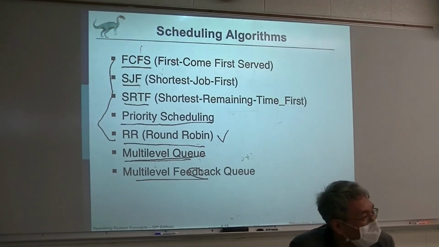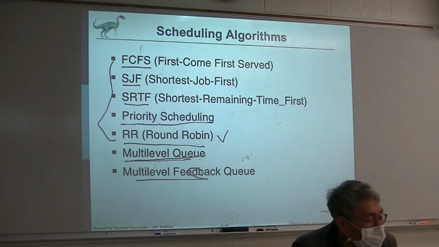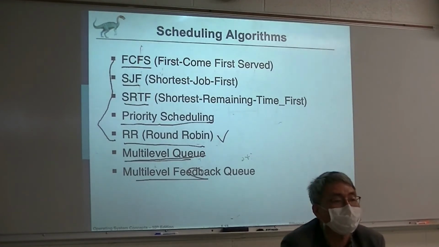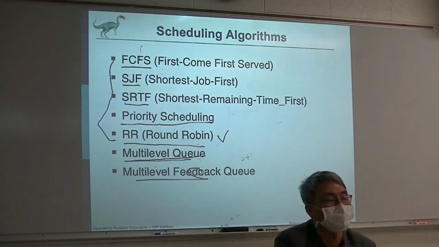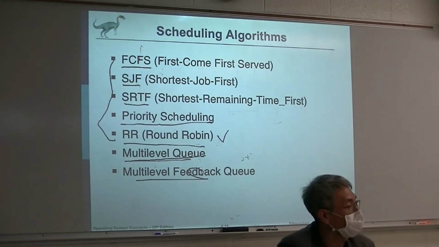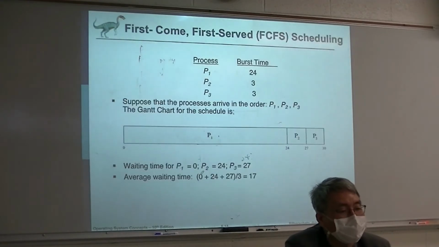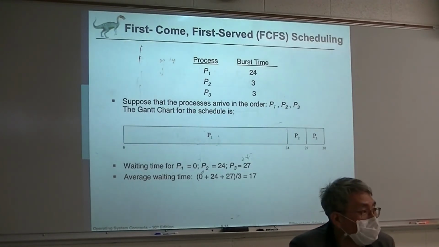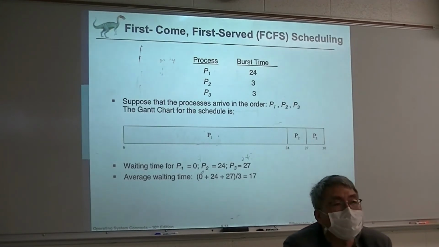Okay. So in real-life operating systems, they are actually using a hybrid. They are not using only first come first serve. They are using a mixed hybrid approach. A lot of the algorithms used in the operating system are based on first come first serve.